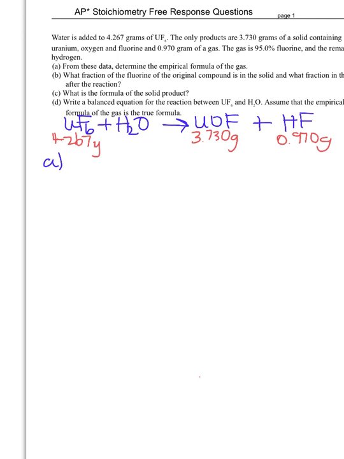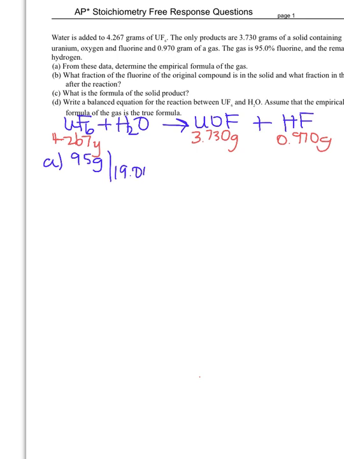We have 95% fluorine and the remaining is hydrogen. So I'm going to take that 95%, percent to mass, 95 grams, mass to moles. So in order to go from grams to moles, I need to divide by molar mass. I'm going to do the long method here first, and then I'm going to do the short method the second time around. Molar mass of fluorine is 19 grams.